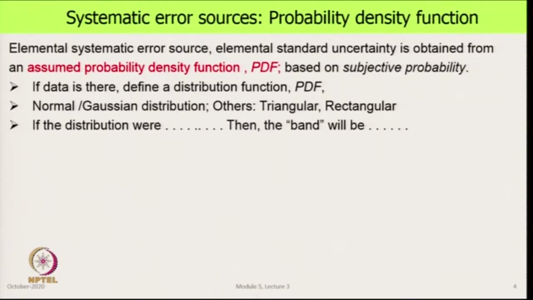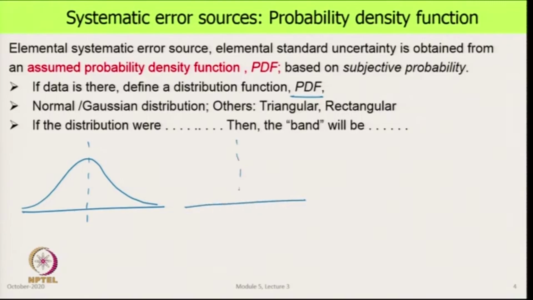To go back and clarify a little bit more about what we mean by this probability density function: if data were there, we could have made a PDF, a probability density function, and this could take many forms. We could have, as we have done so far in many cases, a Gaussian or a normal distribution.